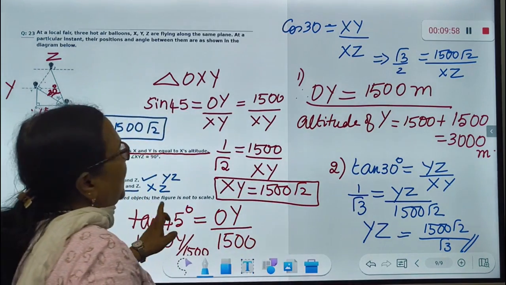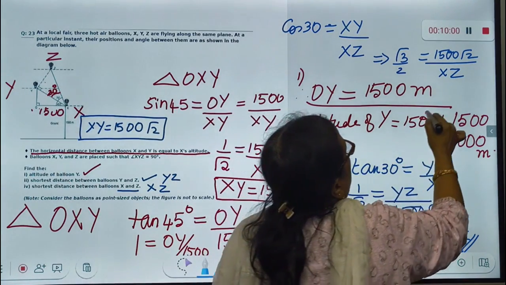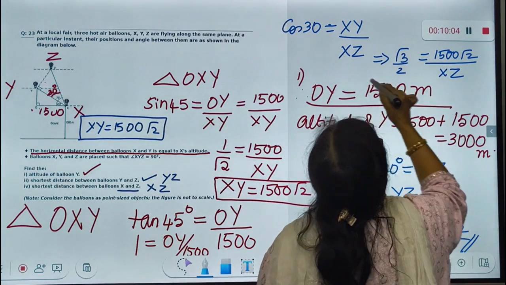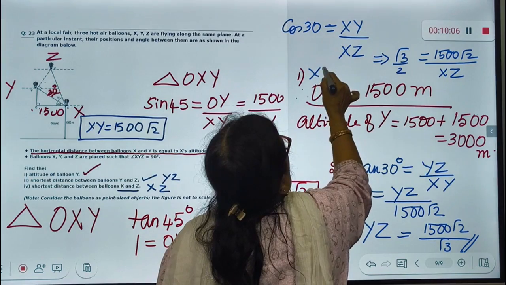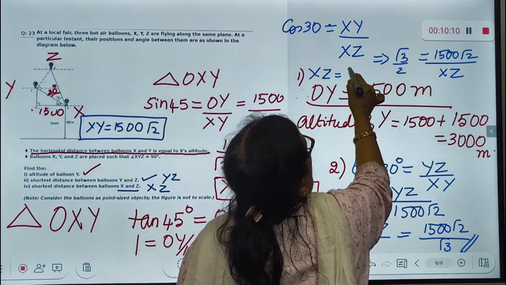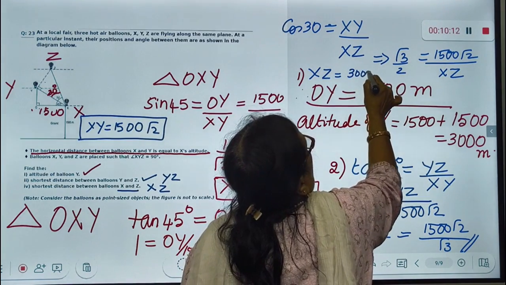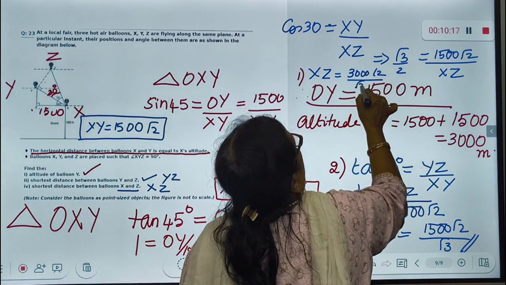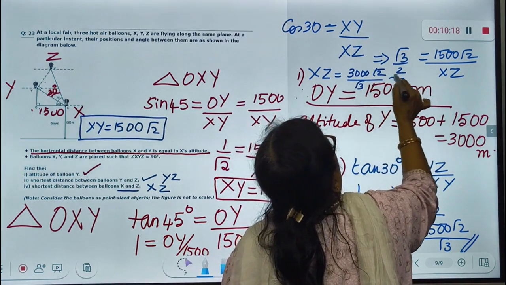The question is to find XZ, right? So XZ is equal to 1500 into 2, which is 3000, root 2 by root 3 meters.